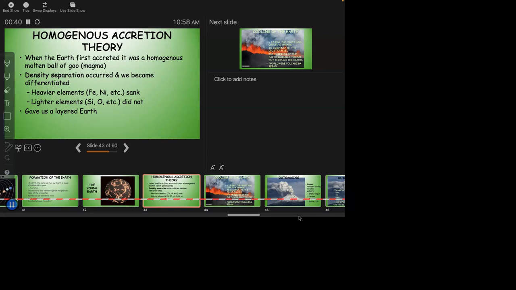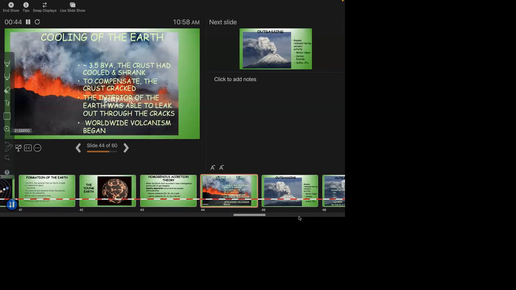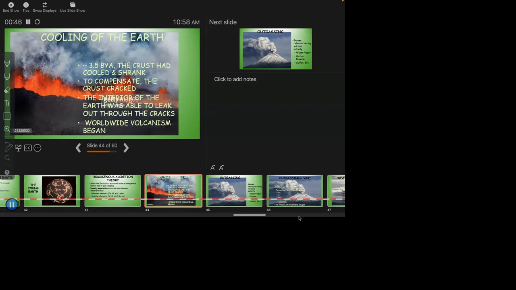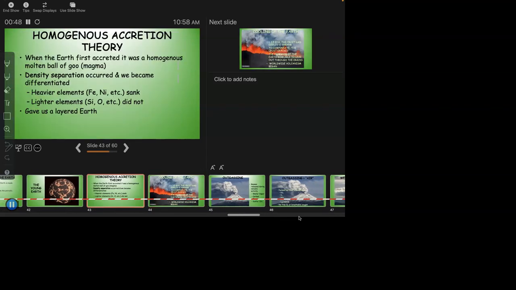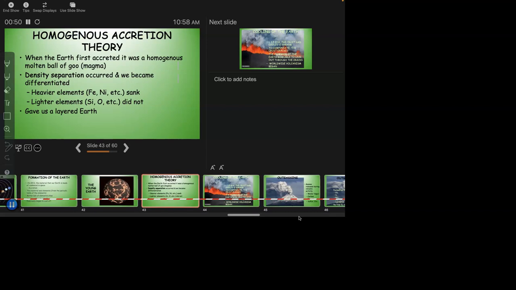On the test, we use the words differentiated and undifferentiated, and I'm seeing that I don't actually use those here. And I should, because they're two test questions. So differentiated means different. Undifferentiated means not different, right?